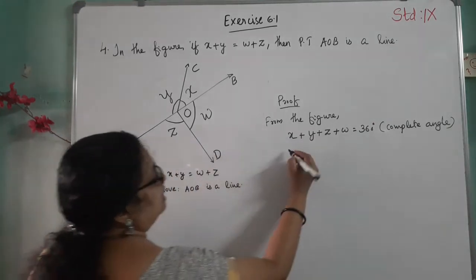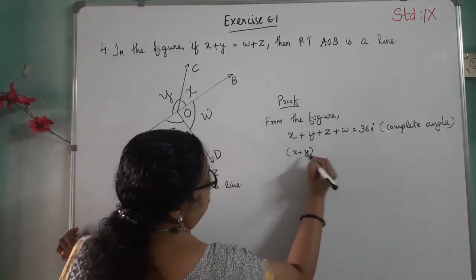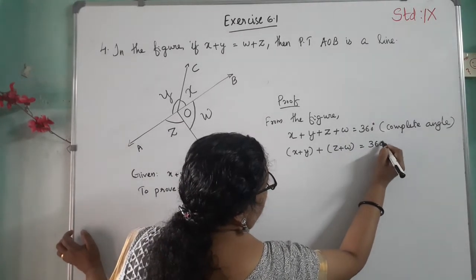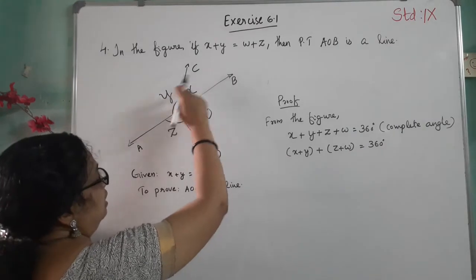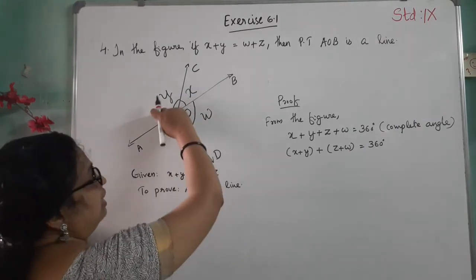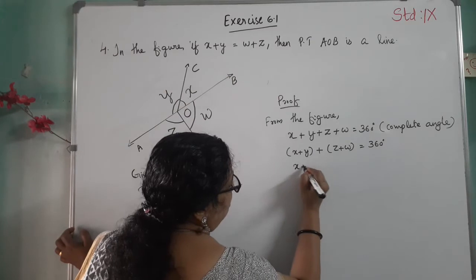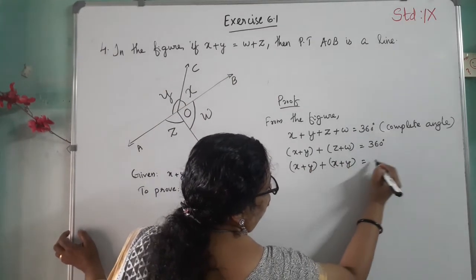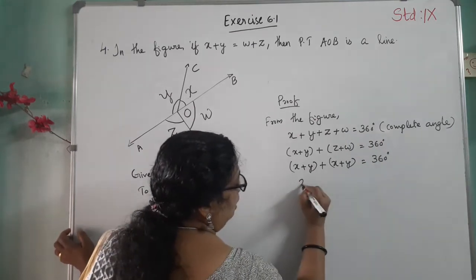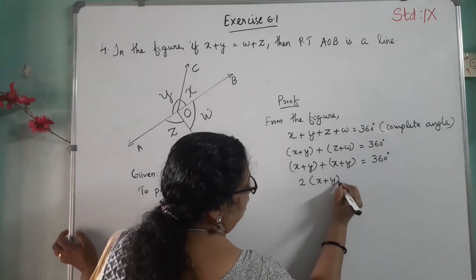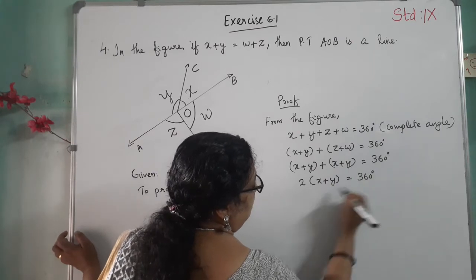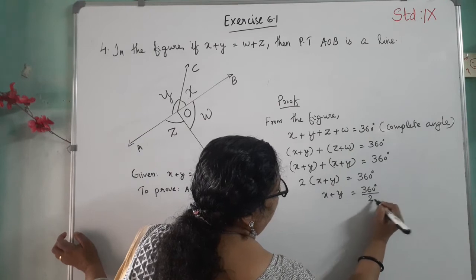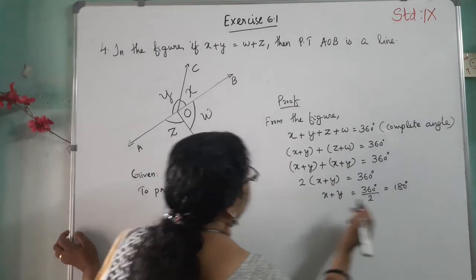S plus Y together, then Z plus W together, equal to 360 degrees. Then instead of W plus Z we can write S plus Y. So S plus Y plus S plus Y equal to 360 degrees, that is 2 into S plus Y equal to 360 degrees, then S plus Y equal to 360 divided by 2, which is equal to 180 degrees.